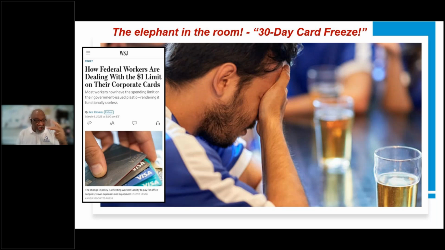Those are the three cards in the card program: fleet, travel, and purchase card. The one that we are focusing on today is the purchase card. The last DOGE count was right at 100,000 cards. So let's do that math: from 700,000 to 600,000. That's still a lot of cards. That's still a lot of customers. A lot of buying.